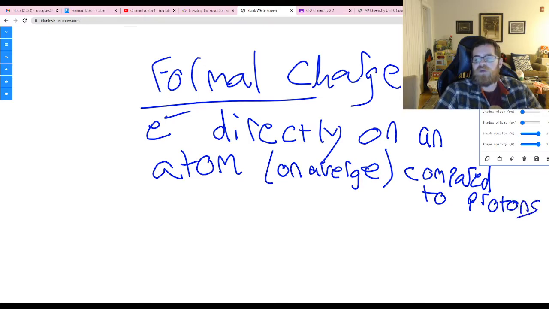Or really just compared to what it normally has. You don't really need to think about the number of protons. So let's talk, for example, about NO3.